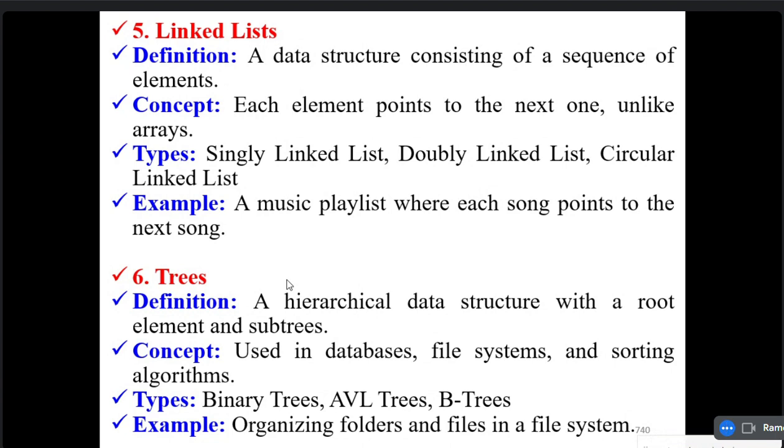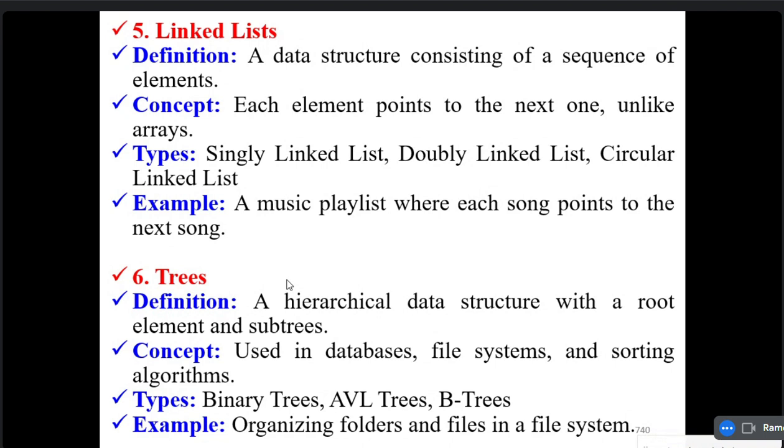Fine. Then B trees. Most people believe that B stands for balanced trees. So usually we can call it a balanced tree. We use it for insertion of data in server systems and data centers. In the DBMS concept, we study B trees and B plus trees.